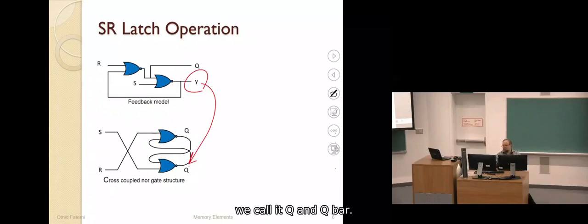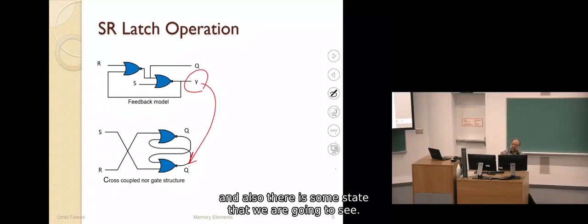So we call it Q and Q bar. There are two outputs of the circuit, two inputs, S and R, and also there is some kind of state that will keep something inside.